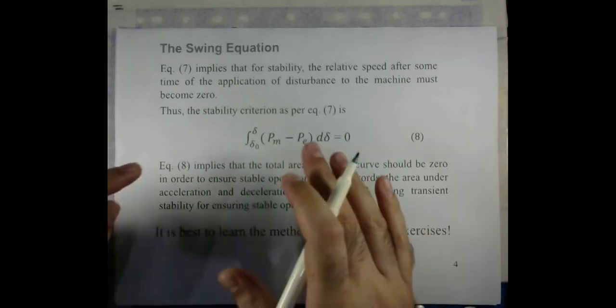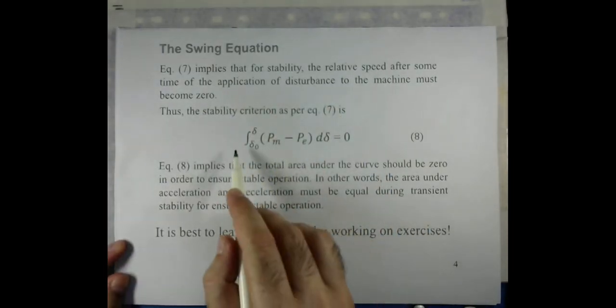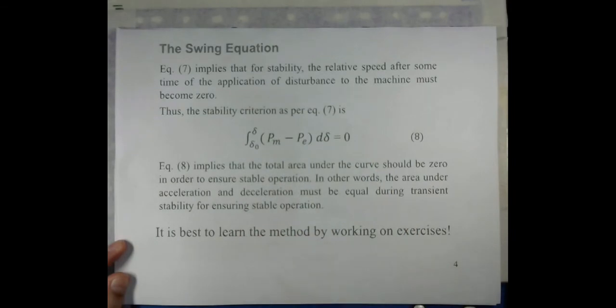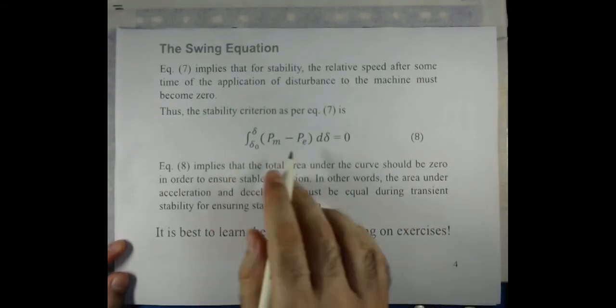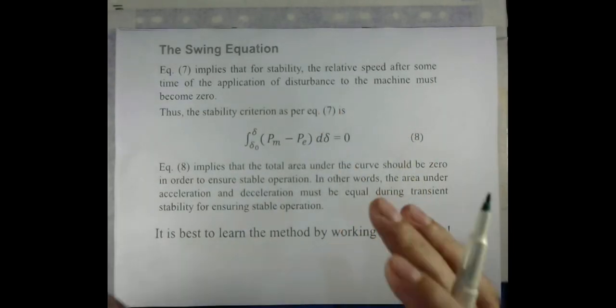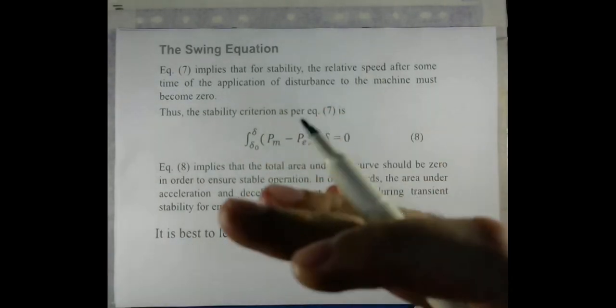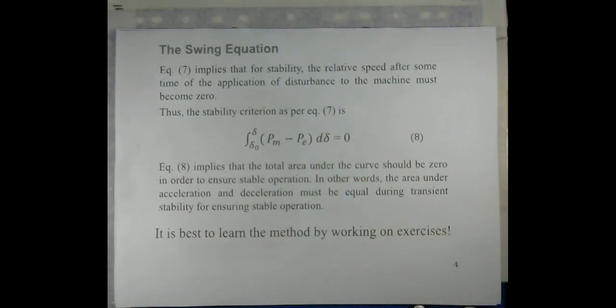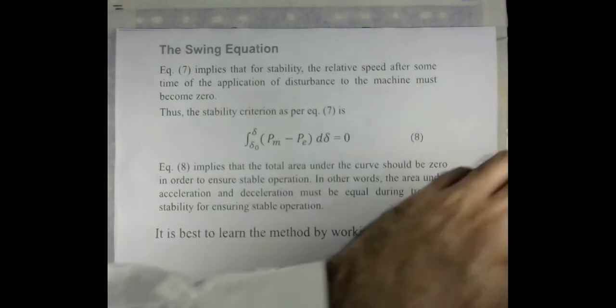So now let's talk about this expression and learn this particular method by working on an exercise. Let's discuss that if the two areas are equal, the stability of the system is ensured. Let us assume that, as we have already discussed the two models of the generator, one is the mechanical model, one is the electrical model.